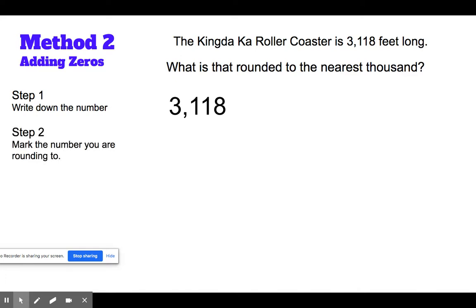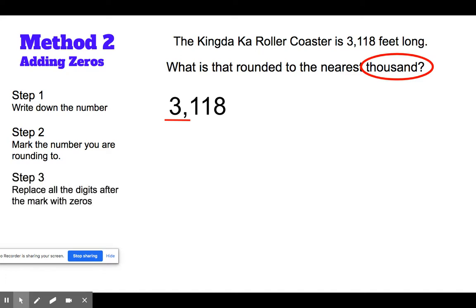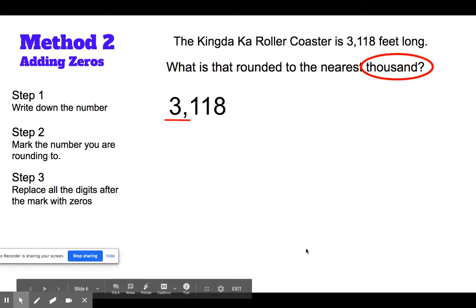Step 2, mark the number you are rounding to. Since we're rounding to the nearest 1,000, we're going to mark the number 3, because that's the digit in the thousands place. Step 3, replace all the digits after the mark with zeros.